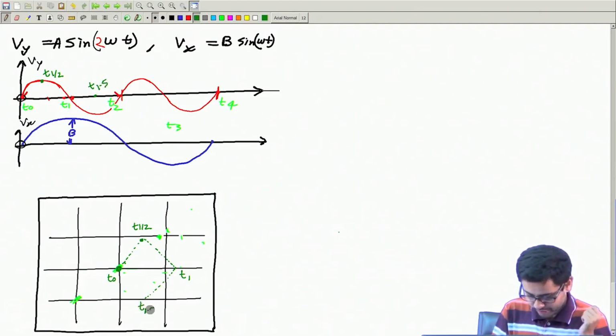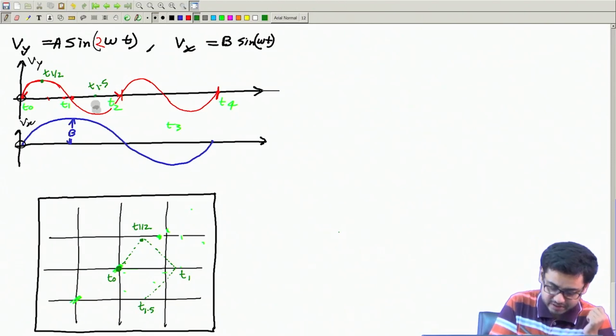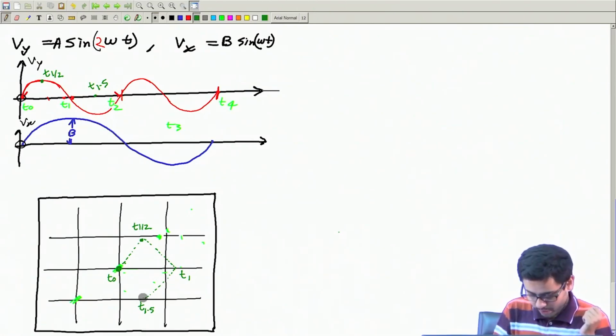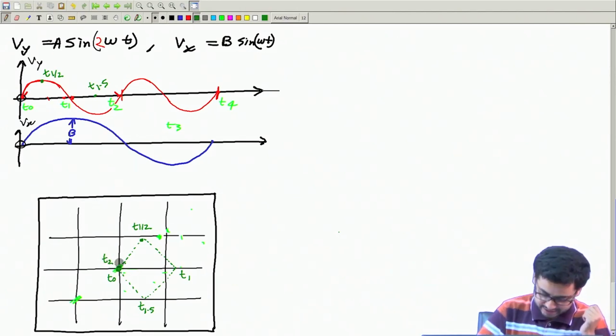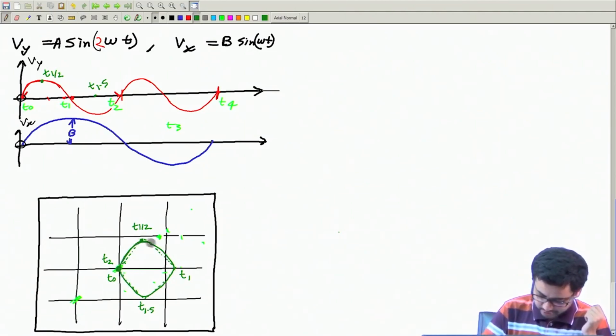After that, y increases, goes to 0, and x increases, goes to 0. This point will be t2. So the pattern will actually look like this. I told you those will not be straight lines. So this will go like this.